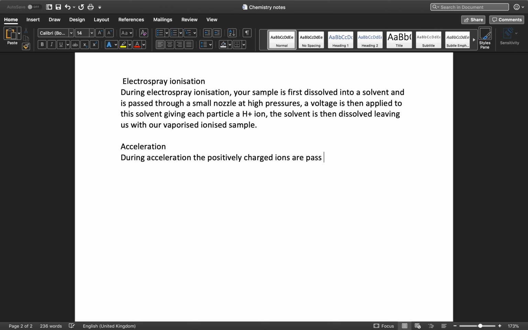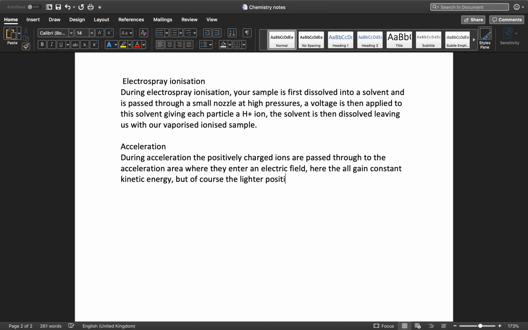Here they all gain constant kinetic energy, but of course lighter positively charged ions move faster than the heavier positively charged ions.